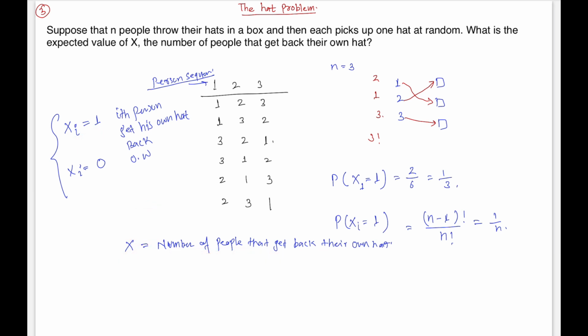So the overall point is that this random variable can be written as the sum of these random variables, right? And we have done this while finding the expectation of the binomial random variable. We have used the same trick for finding the expectation of the binomial random variable.